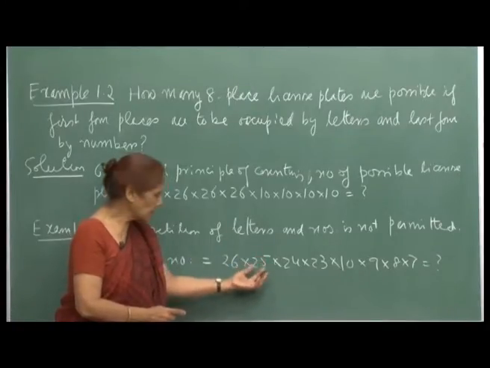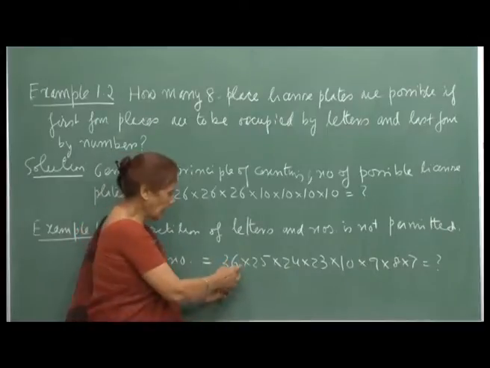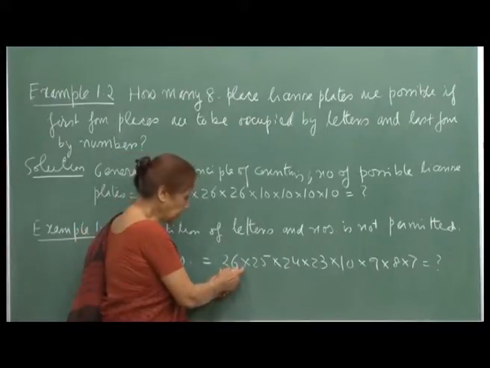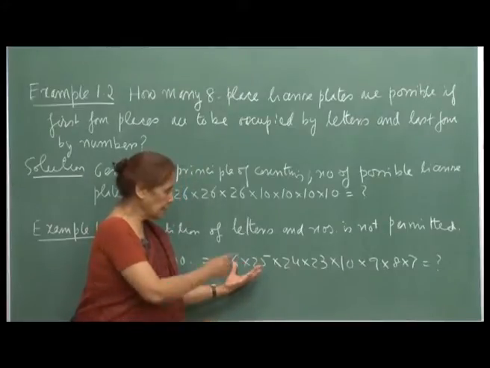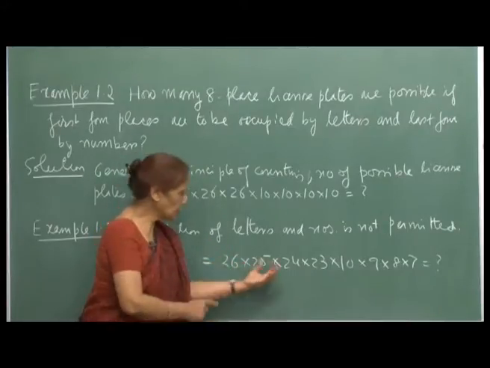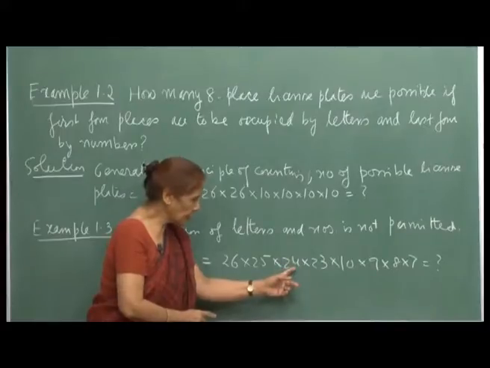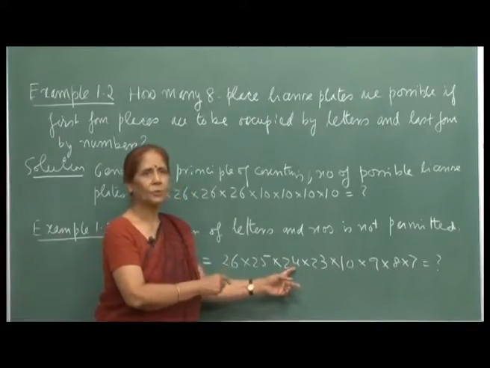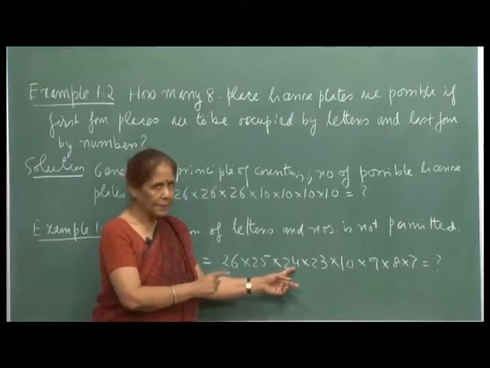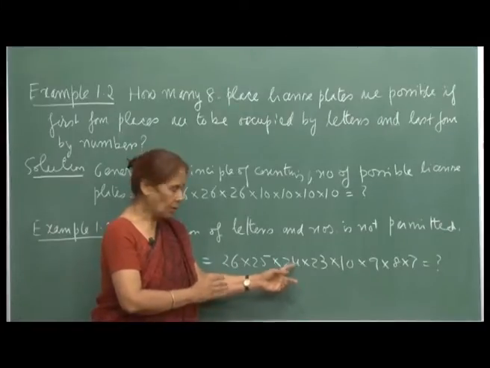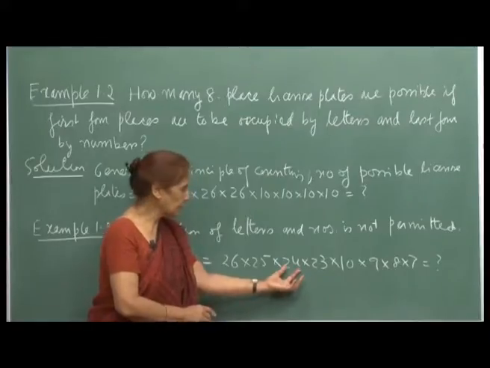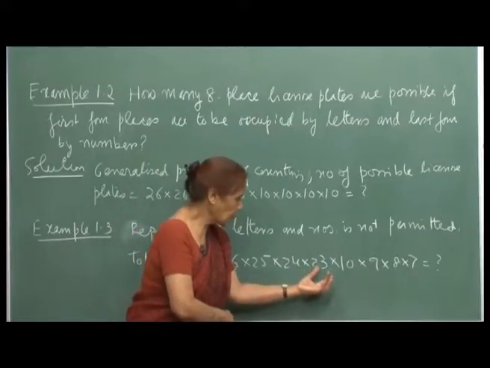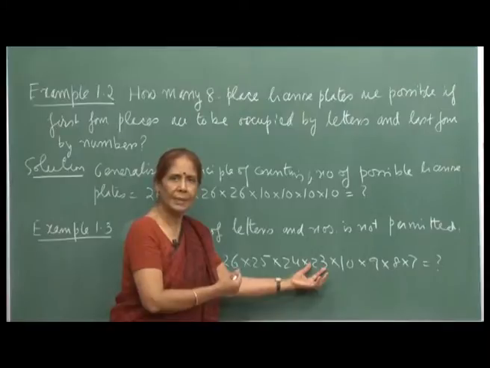So, therefore, my choices here are 25, and once I have chosen an alphabet for the first place and the second place, both these are not allowed to be chosen again. So, therefore, my choice for the third place would come down to 24. So, out of 26, 2 letters have been already chosen and they are not allowed to be chosen again. So, this choice will be 24, and then similarly at the fourth place I will have a choice of 23.